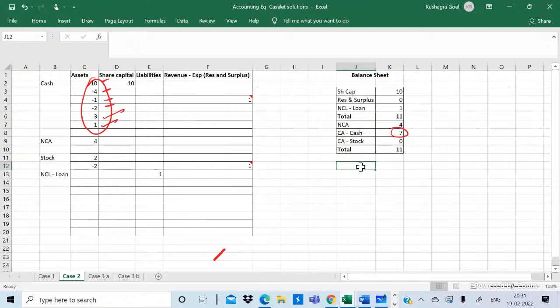Otherwise, we'll take a break. Can we take a break or is somebody still working on case number 2? Anyone still working on case number 2? Okay, fine. So let's take a break.